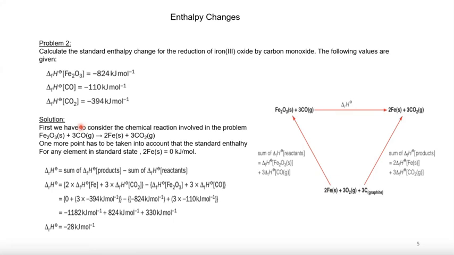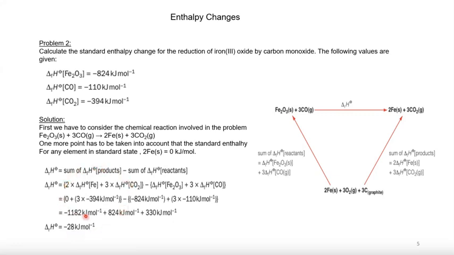From these values, we find the standard enthalpy change for the reduction of iron 3 oxide by carbon monoxide. We take these values and calculate as per Hess's law, and we find that the standard enthalpy change of reduction of iron 3 oxide is minus 828 kilojoules per mole.